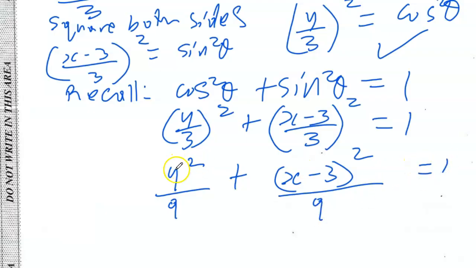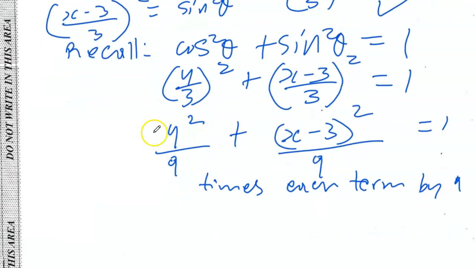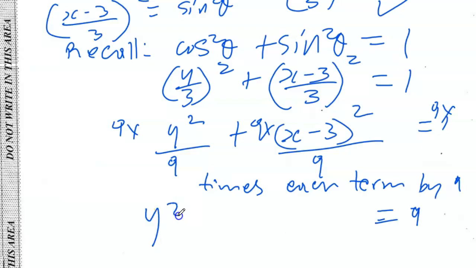equal to 1. So let me just multiply both sides by 9, each term by 9. So we end up with 9 times this term, 9 times this term, and 9 times 1. On the right hand side, 9 times 1 is 9. On the left hand side, 9 cancels 9, so we're left with y squared.